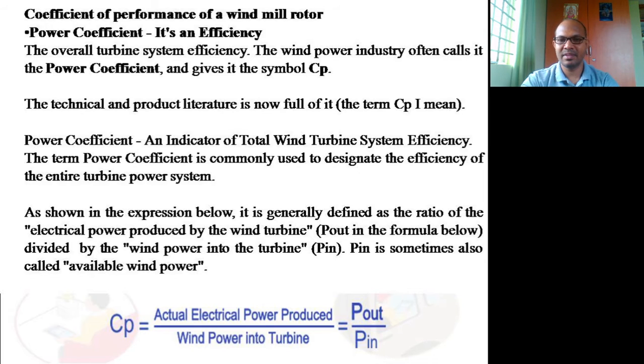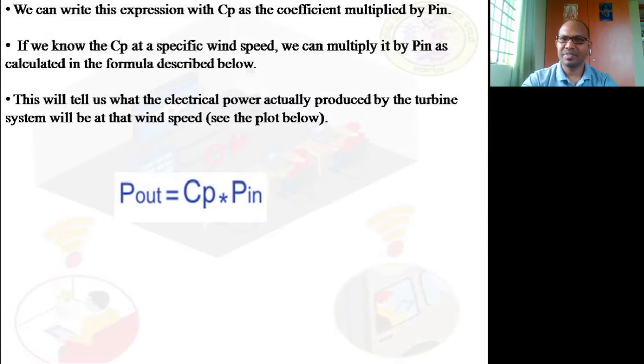That is what he designed: the ratio of the electrical power produced by the wind turbine, P out in the formula below, divided by P in. That gives us the power coefficient. P out by P in is the general formula for any efficiency.